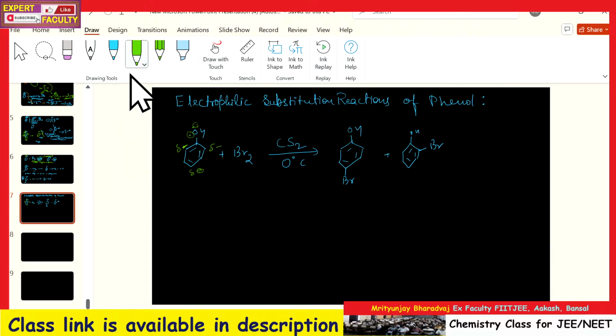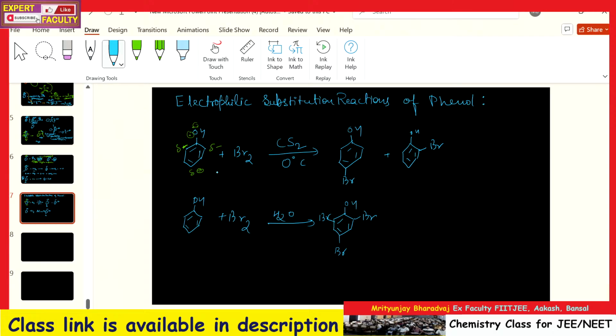Again, the same substrate, phenol, is taken with what? Br2, and the reaction is carried out in aqueous medium, water. What was found? This time phenol gets tribromo substituted. We can see it is the same substrate. What is the difference?